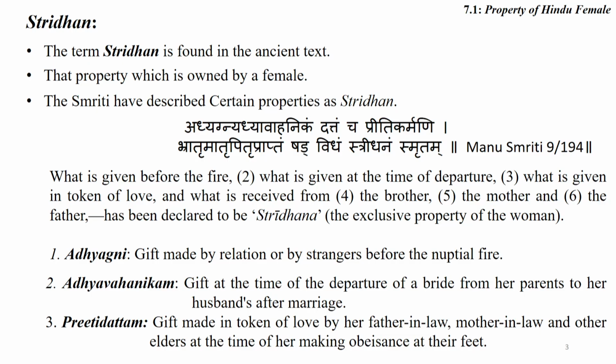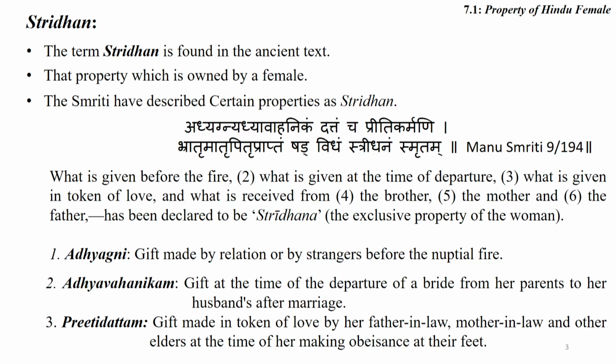Adhyavanikam is a gift at the time of departure of the bride from her parents to her husband's house after marriage. Preeti Dattam is a gift made in token of love by her father-in-law, mother-in-law and other elders at the time of her making obeisance at their feet.